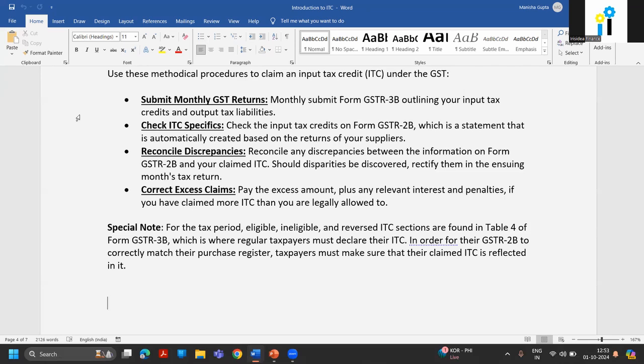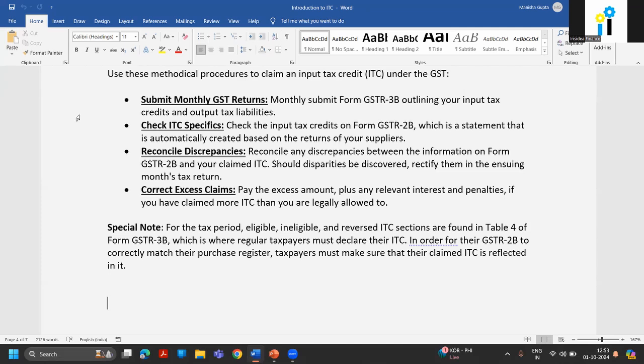Special note for tax paid: eligible, ineligible, and reverse ITC sections are found in table 4 of form GSTR 3B, which is where a regular taxpayer must declare their ITC in order for their GSTR 2B to match the purchase register. Taxpayer must make sure that their claimed ITC is reflected in it.